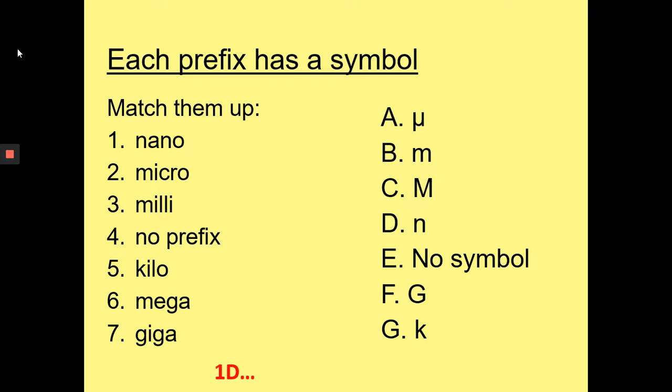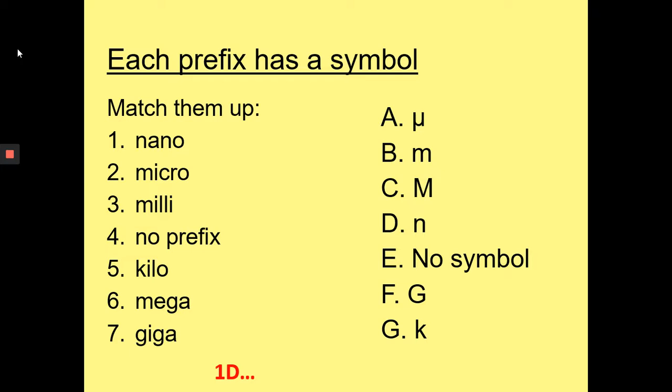Now, each of those prefixes has a symbol. We don't spend time writing the full word out when we write our units, so we just write a symbol. So your task is to have a go at matching up the prefix to its correct symbol. I've done the first one for you. So number 1, nano, is D, the small little n.